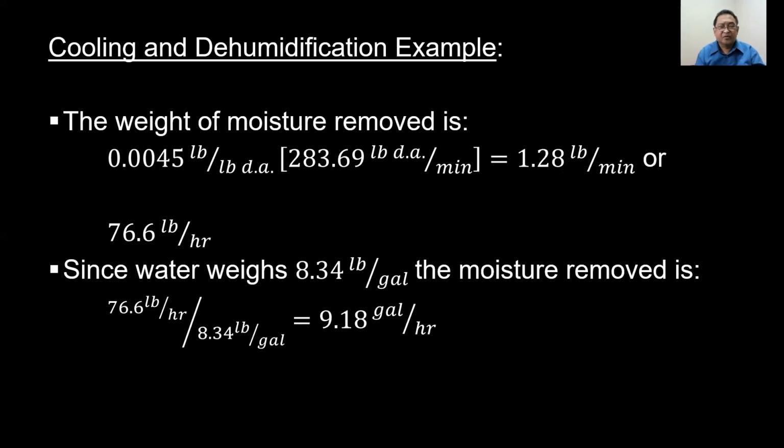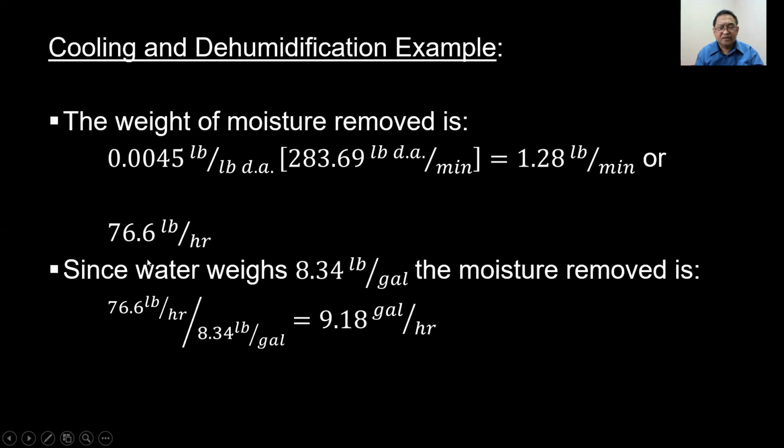And the weight of the moisture removed will be 0.0045 pounds per pound of dry air times 283.69 pounds of dry air per minute. The result will be 1.28 pounds per minute, or 76.6 pounds of moisture per hour.